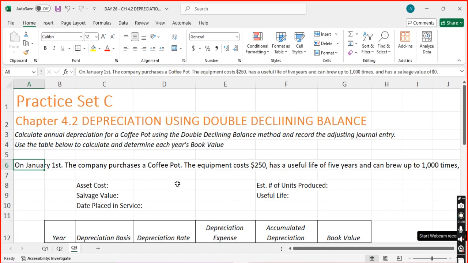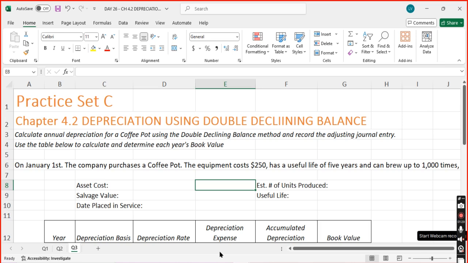So let's go ahead and determine the 5 components. What's my asset cost? $250. What's my salvage value? 0.